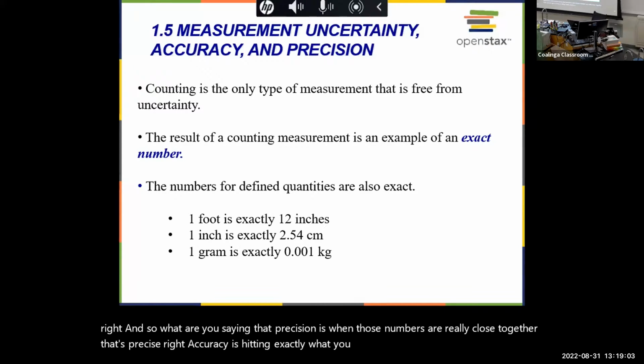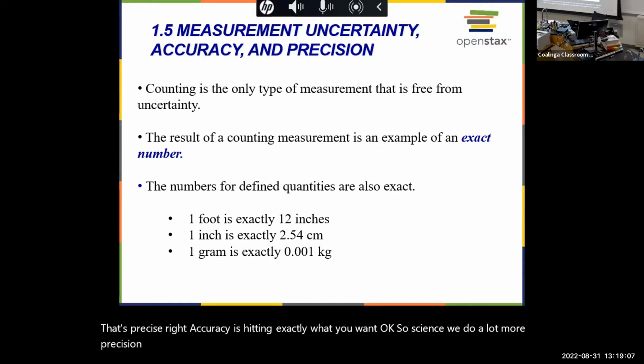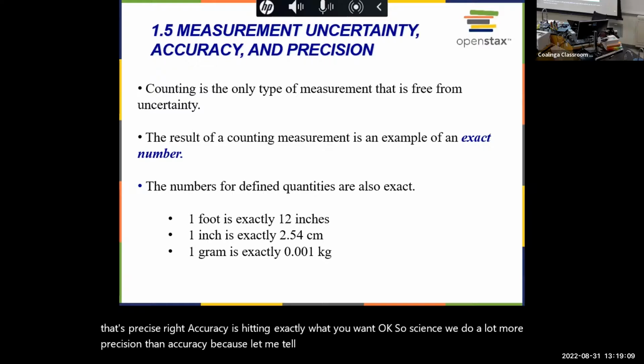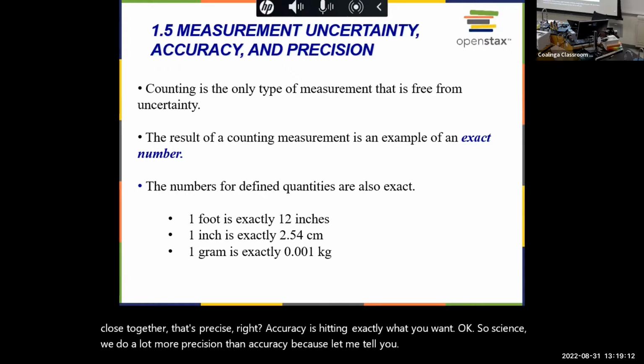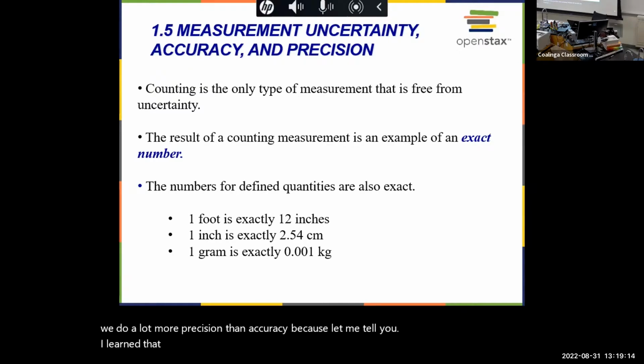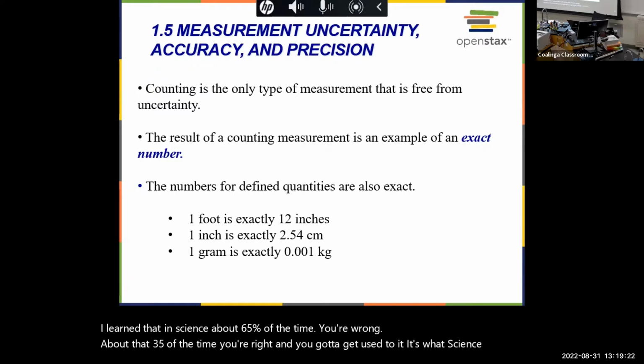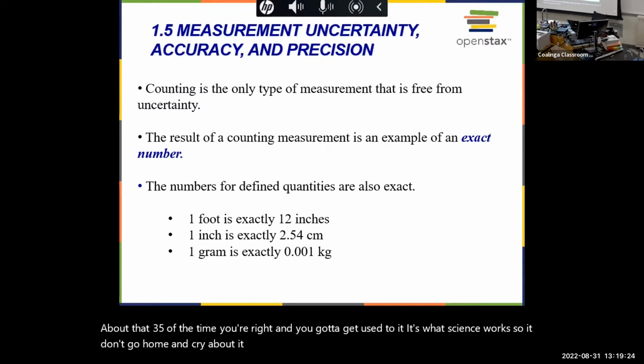In science, we do a lot more precision than accuracy. Because let me tell you, I learned that in science, about 65% of the time you're wrong, and about 35% of the time you're right. And you've got to get used to it. That's the way science works. So don't go home and cry about it. I cried that first week.